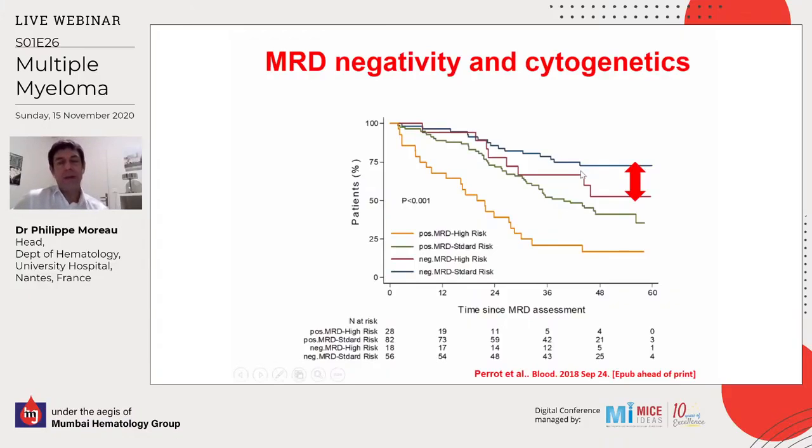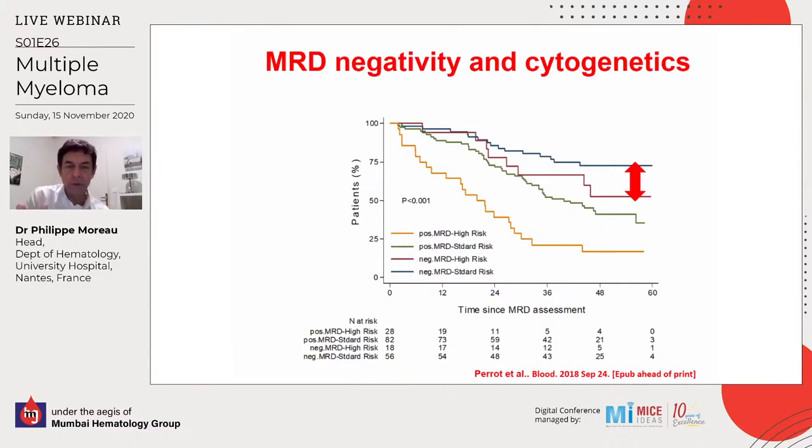We thought that maybe with MRD negativity and high-risk disease, the outcome would be identical. This is not true in this study with VRD plus or minus stem cell transplantation. And you see definitely that MRD negative patients in blue with standard risk versus MRD negative patients with high risk in red, there is a difference in the outcome of patients.